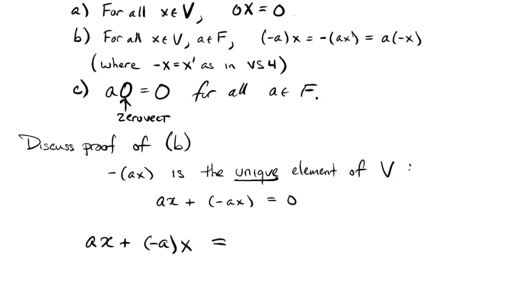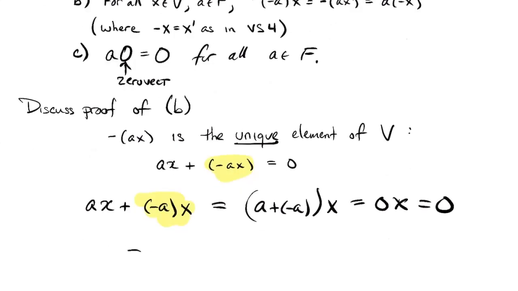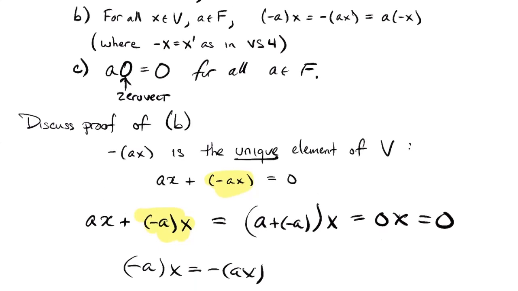By the distributive law, vector space axiom something or other, this is the same as A plus minus A, times X. But that's 0x, and borrowing from above, that's equal to 0. That means the opposite of A times X is doing what that unique element does. So by uniqueness, the opposite of A times X has to be the same as the opposite of AX.